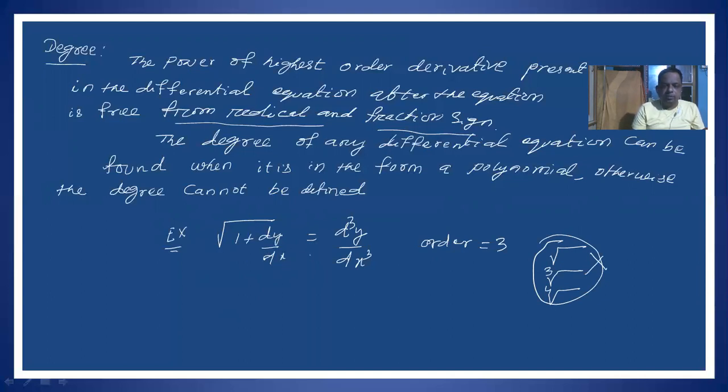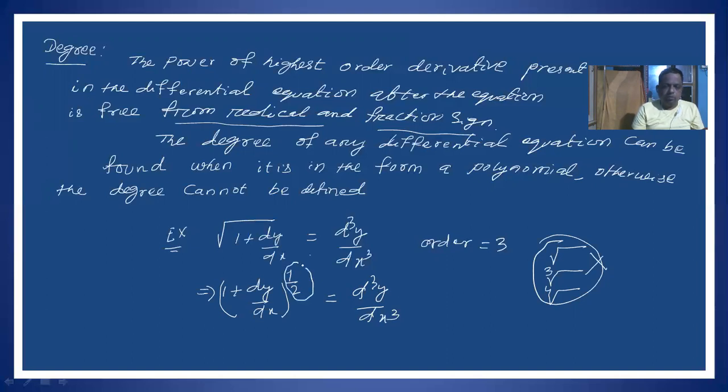How can we remove this? 1 plus dy by dx, the square root, can be written as power 1 by 2, equal to d cube y by dx cube. Our aim is to remove this 1 by 2.